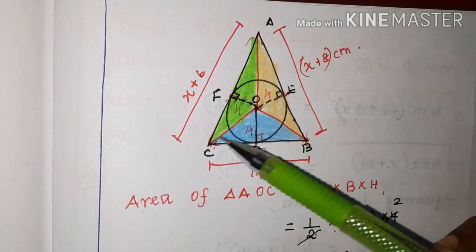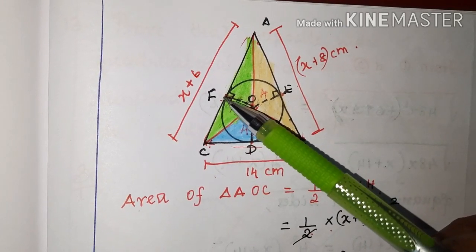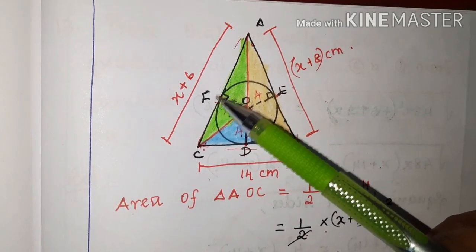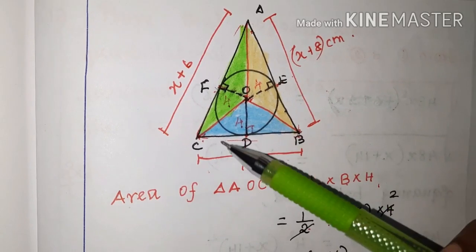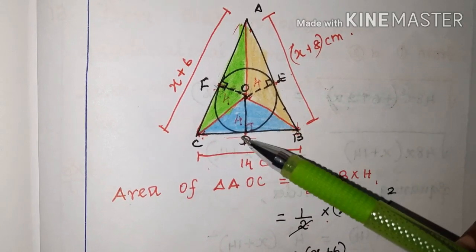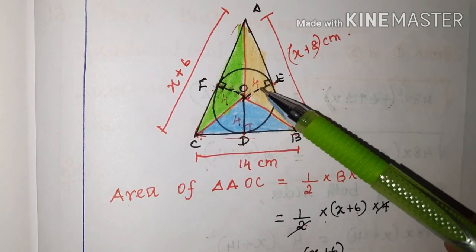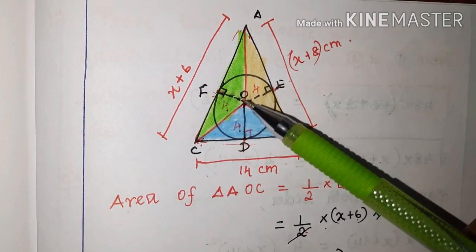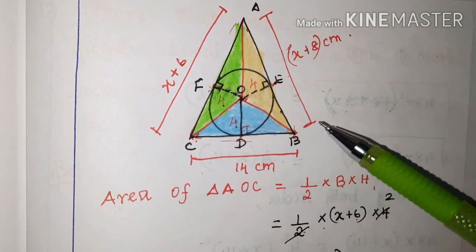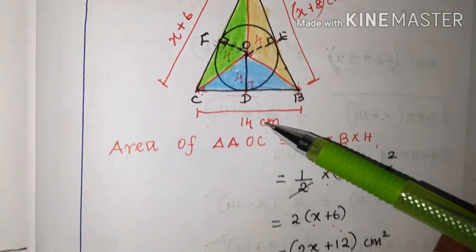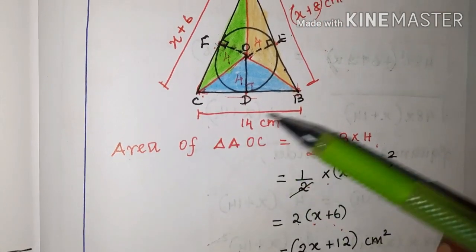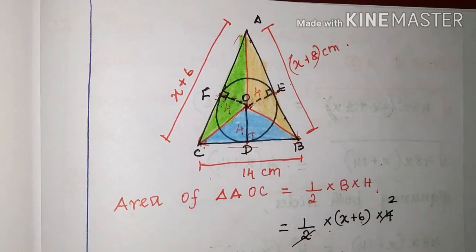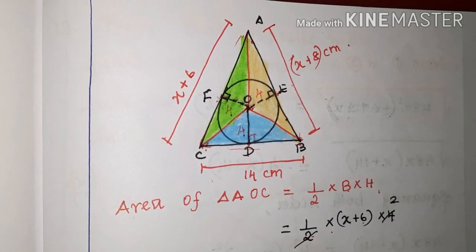All three sides are tangent to the circle since each has only one point of contact. So you had three perpendicular lines which are nothing but the radius of the circle. Using the formula half into base into height, we found another area of the triangle, where both the areas are the same. So equating, we found the side of the triangle.